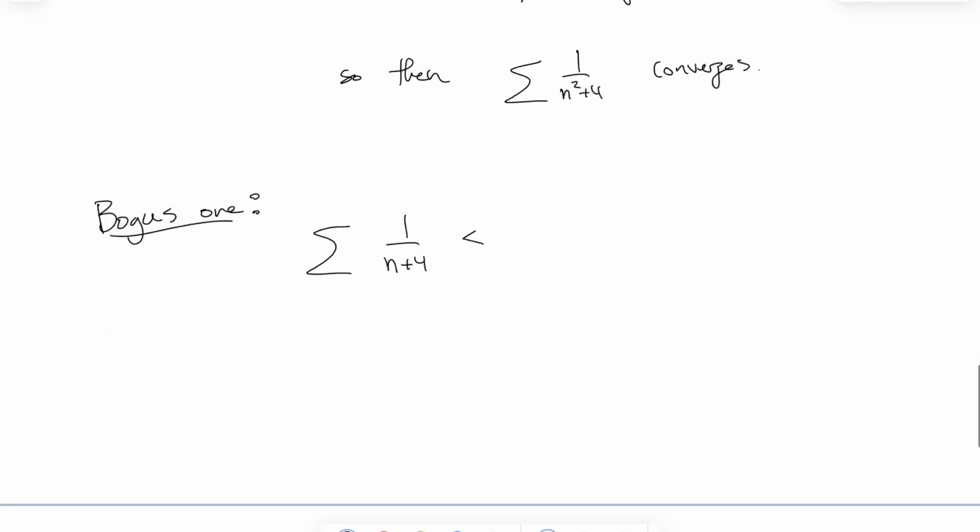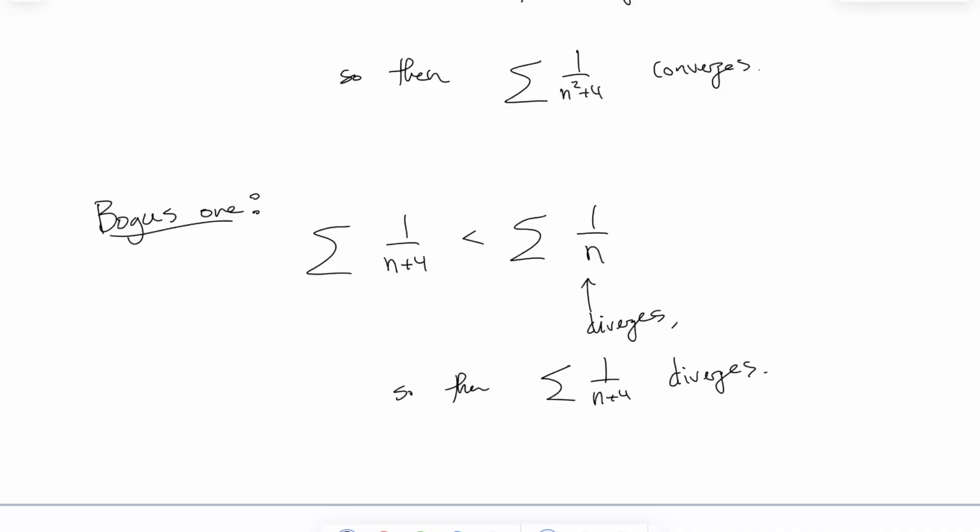So 1 over n plus 4, again, this is less than, for the same reasons, just 1 over n. And here I have 1 over n. That's the harmonic series, which we know diverges. So then the sum of 1 over n plus 4 diverges. There's actually something wrong with this. This is not correct, what I wrote here.